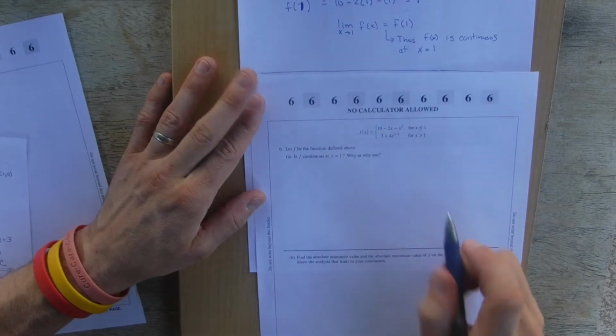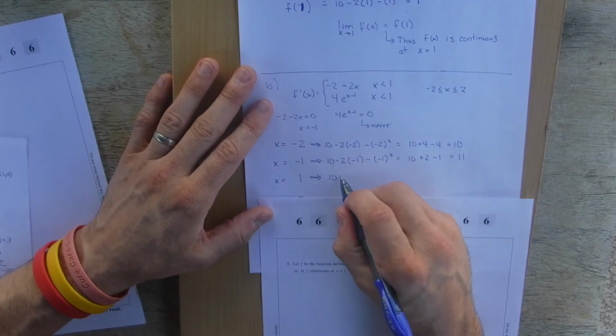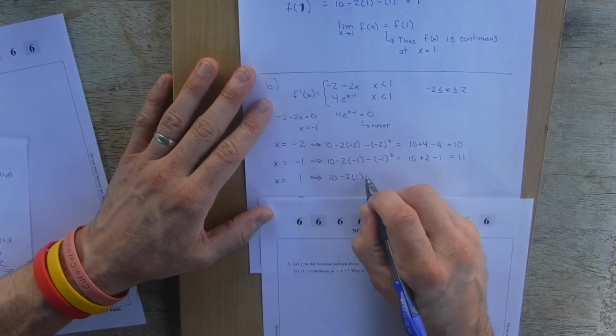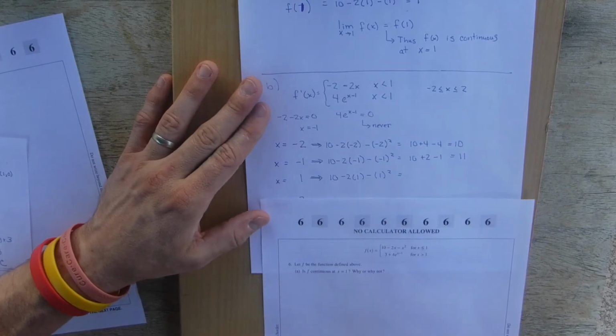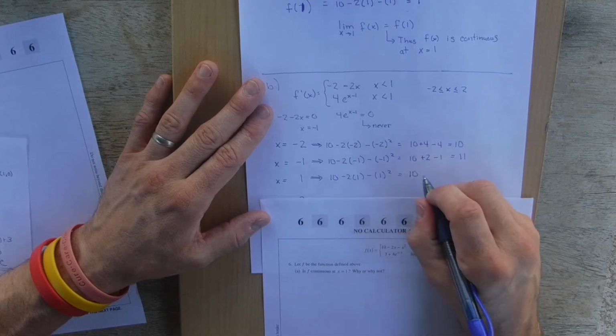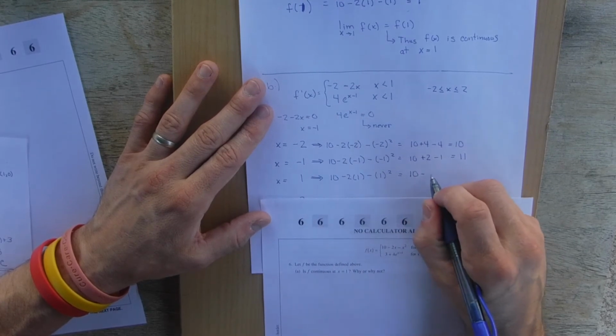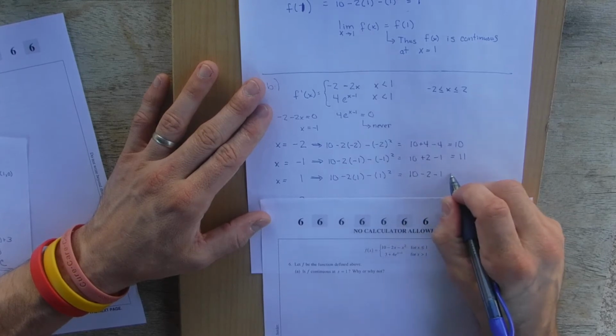Again, that's or equal to, so this would be 10 minus 2x minus x squared. And so that is going to be 10 minus 2 minus 1.